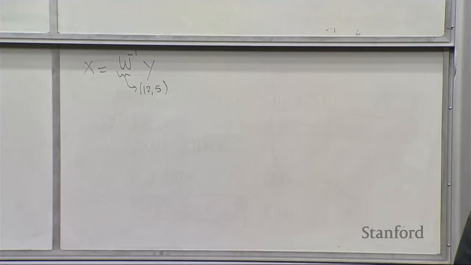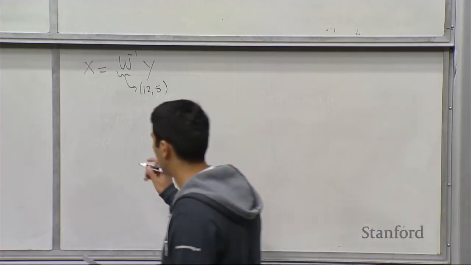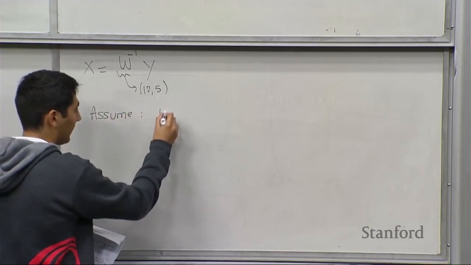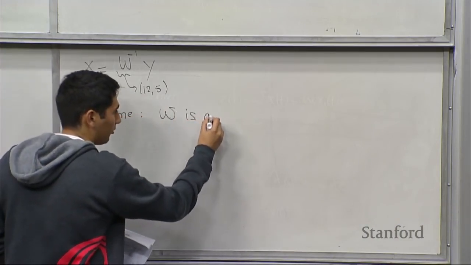So one thing we're going to do here is make an assumption. First assumption is that W is an invertible matrix. And on top of that, we're going to make a stronger assumption, which is that W is an orthogonal matrix.